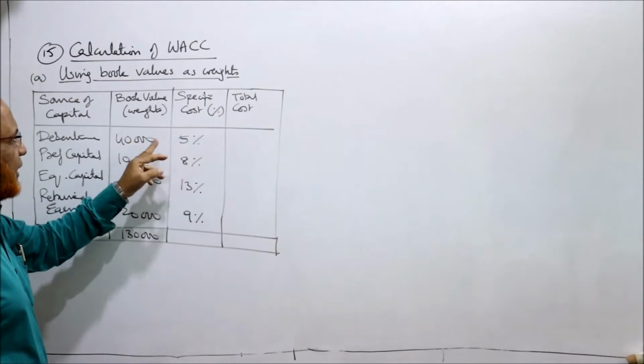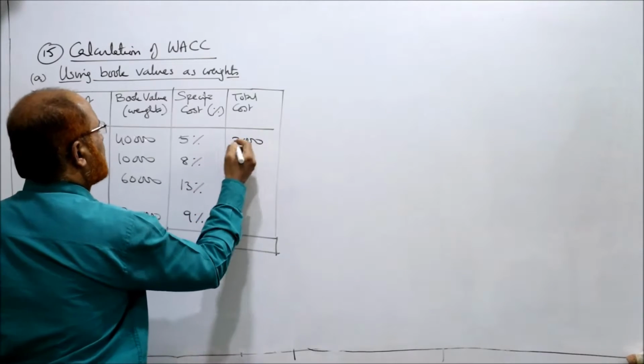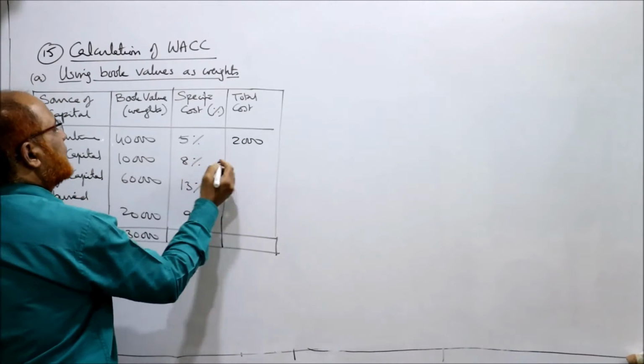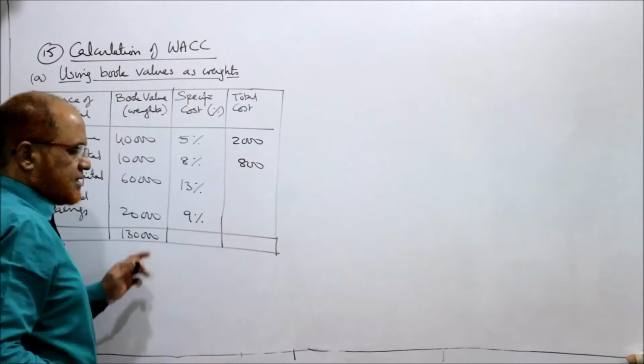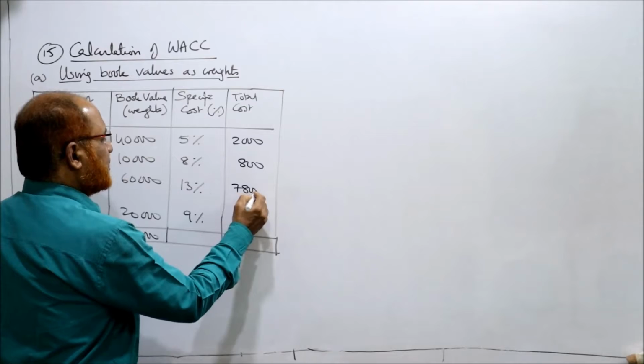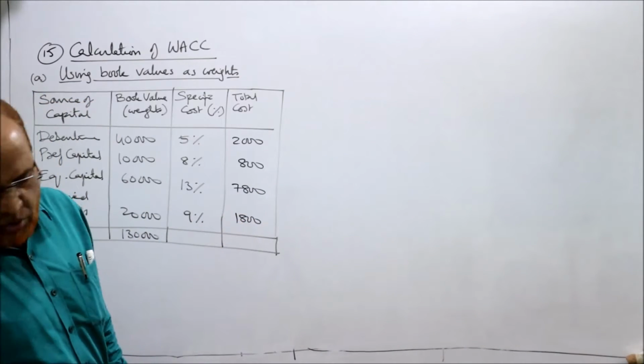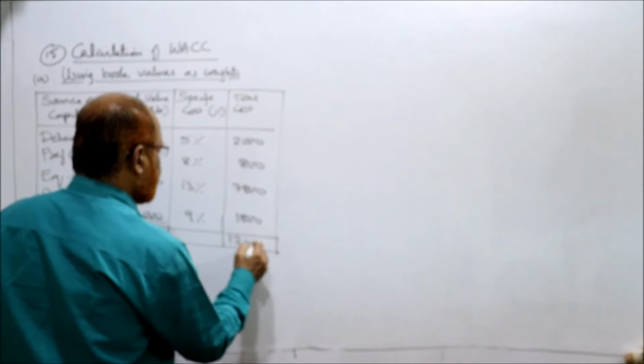Book value into weight. 40,000 into 5%, you will get 2,000. 8% of 10,000, you will get 800. 60,000 into 13%, you will get 7,800. Lastly, 1,800. The total will be 12,400.